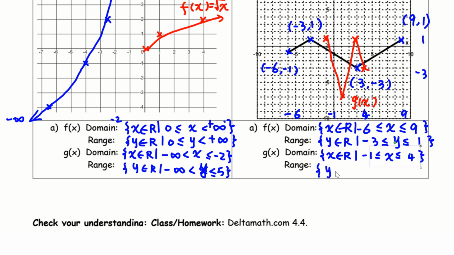For the y, it belongs to all real numbers. The minimum is negative 7, the maximum is 1. Then put y in between minimum and maximum, less than or equal to, no open dots.